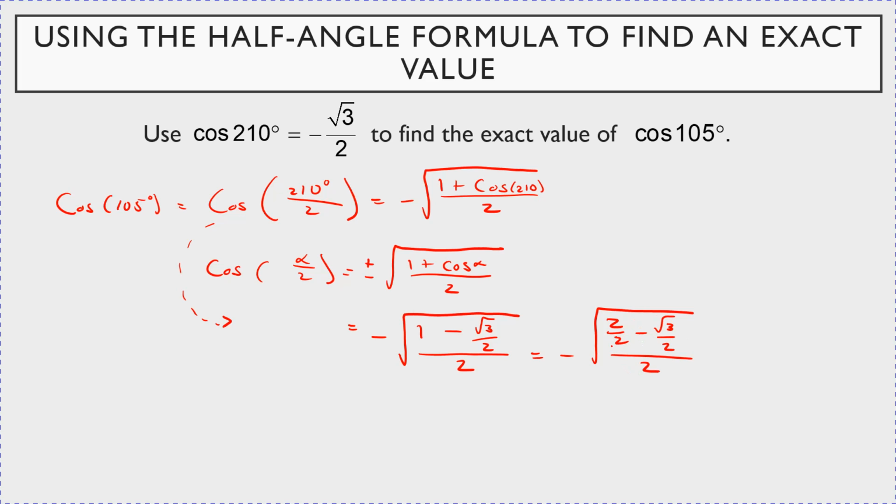So now I can combine this. And then you're just going to keep, change, flip the interior, and this 2, 2 minus the square root of 3 divided by 2 divided by another 2 just ends up getting me 2 minus the square root of 3 over 4. And that right there is the exact value of cosine of 105.